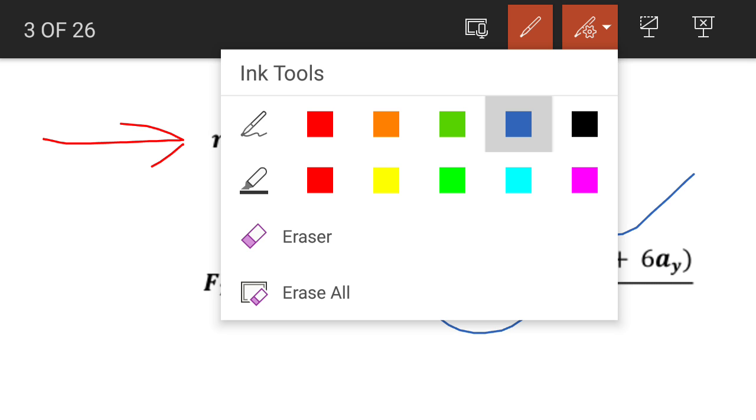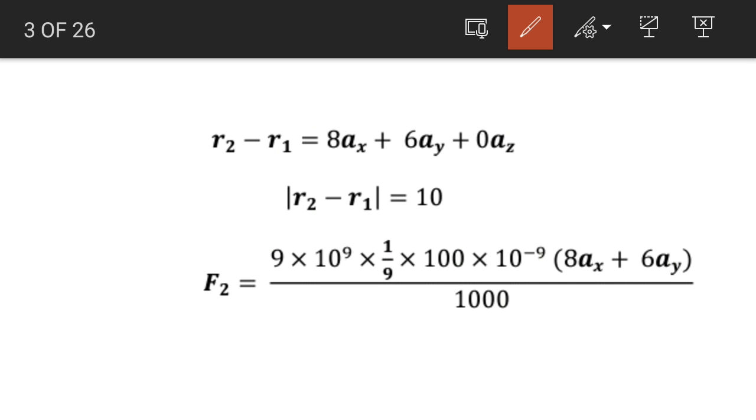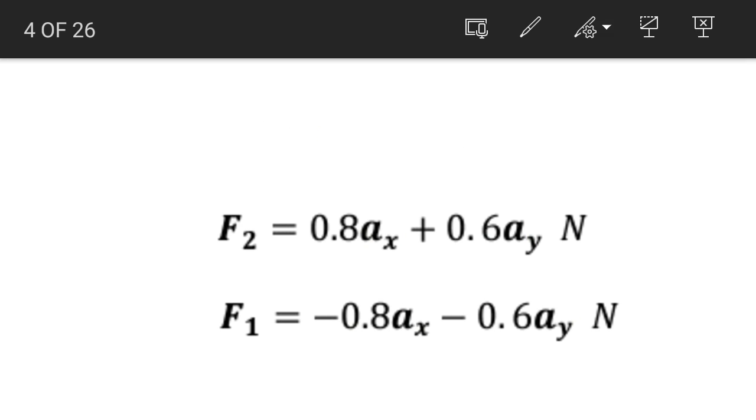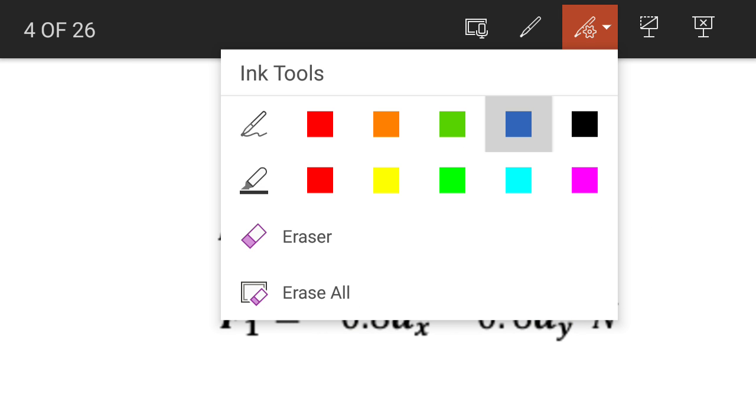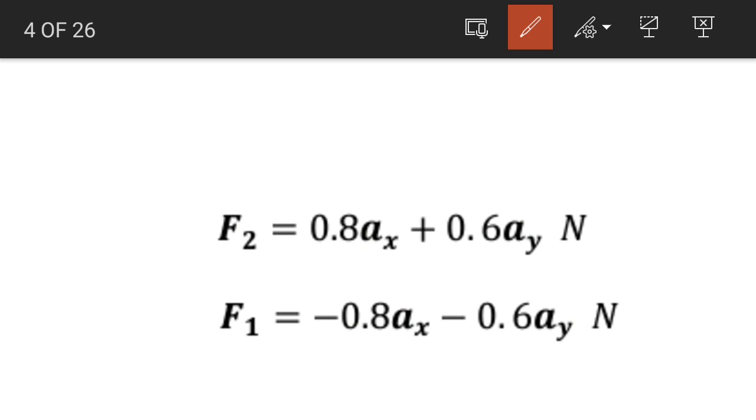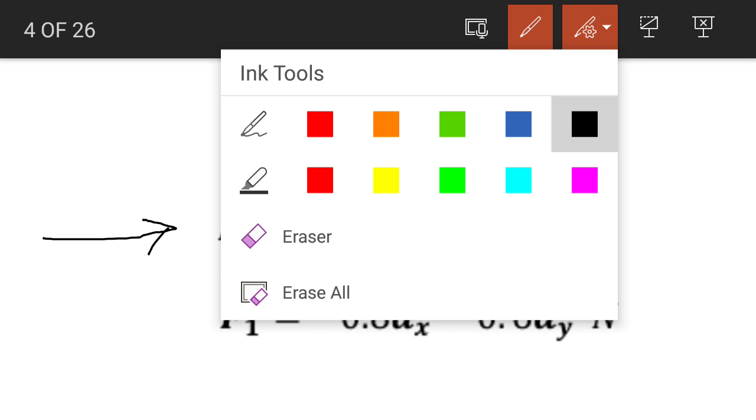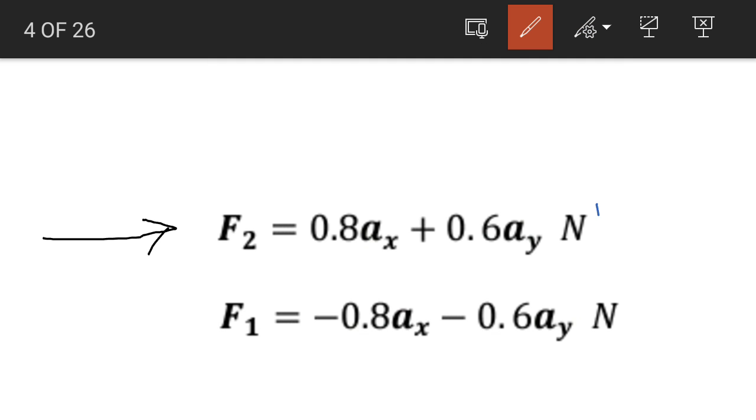If we simplify the right hand side of this equation, we obtain the force on the charge Q2 due to the presence of Q1, and this force is 0.8 ax plus 0.6 ay Newton.